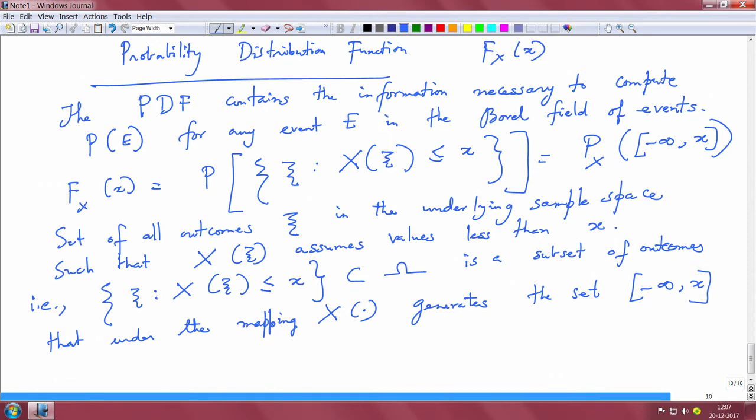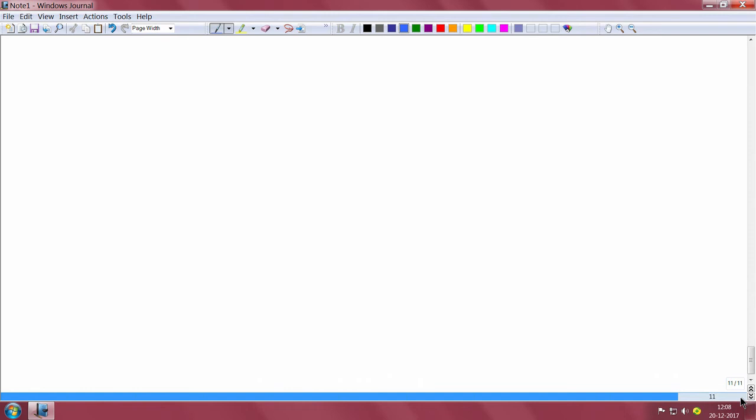Now, we have a few properties for this probability distribution function. I am just going to enumerate them.